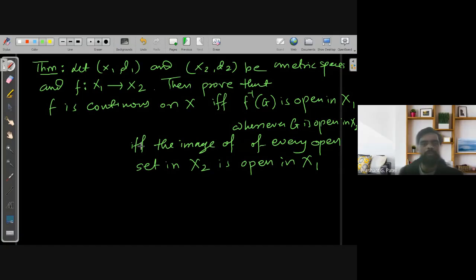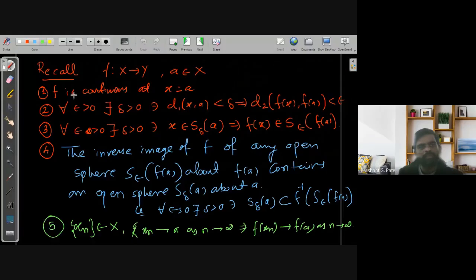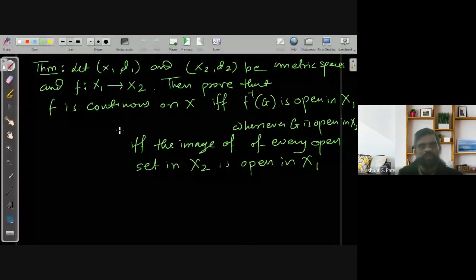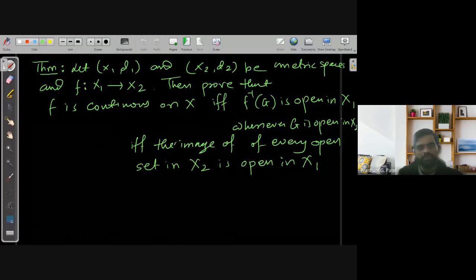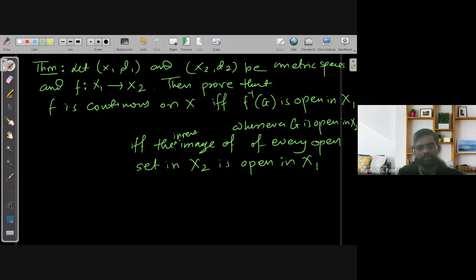So ultimately, this is the sixth statement, regarding these 5 statements which are already there, and the sixth one is this. That means f is continuous on the space X if the inverse image, not image, here it is inverse image, that is f inverse of G, is open for every open set in X2.